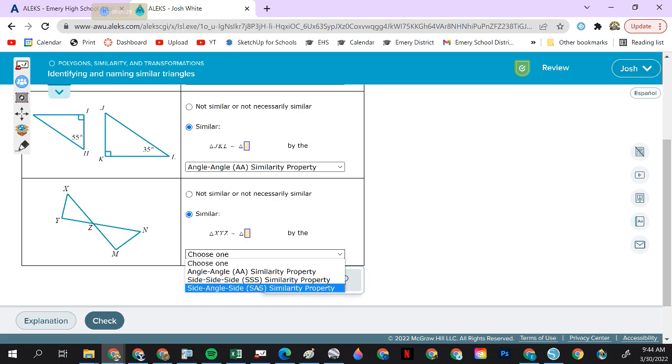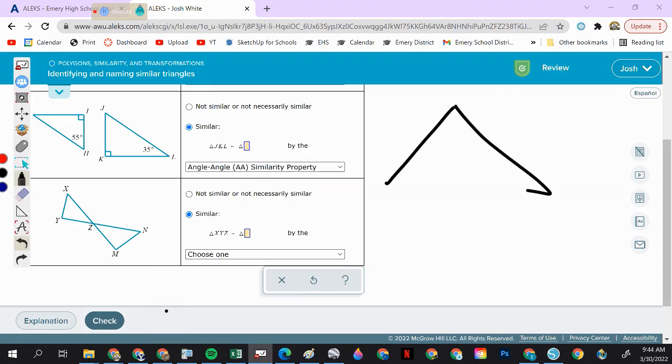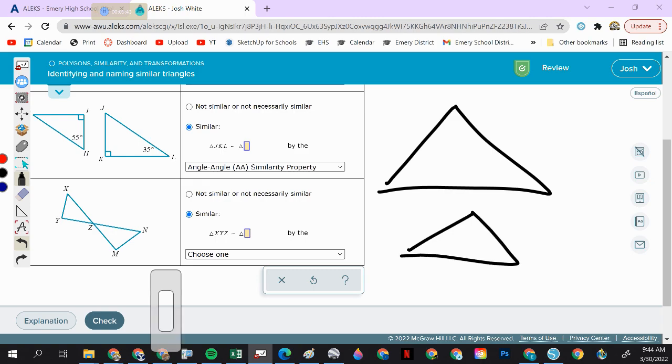So if you have two angles that match, I better do this one up on the board. So side, side, side works like this. We have two triangles that kind of appear the same, and we have 10, 8, and 12, and then we, oh wait, we don't need that. 5, 6, and this is 30 degrees.